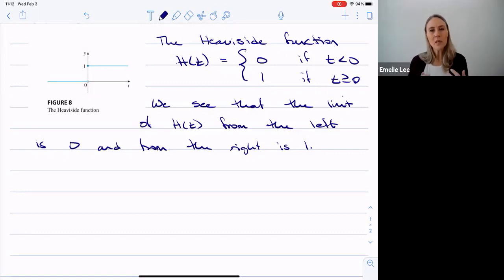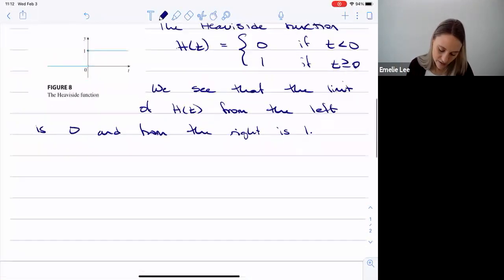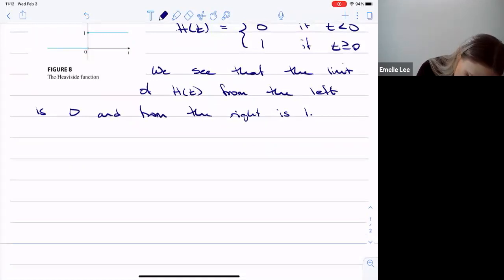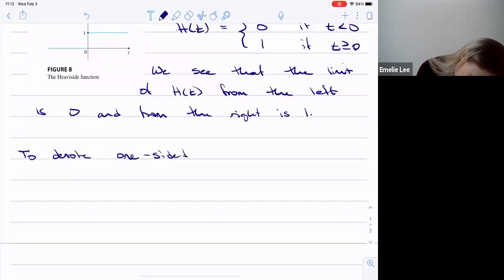So we need some way to denote mathematically that we're coming in from the left or coming in from the right, right? And so we establish some notation to denote one-sided limits.